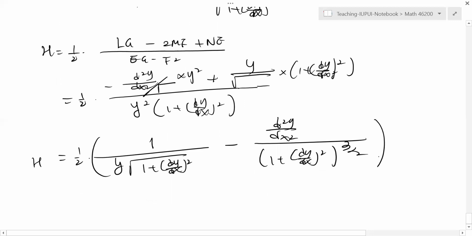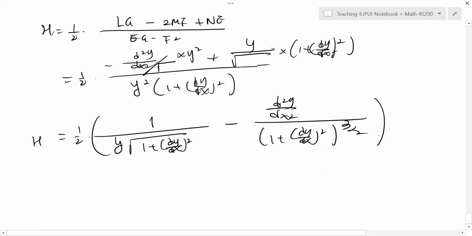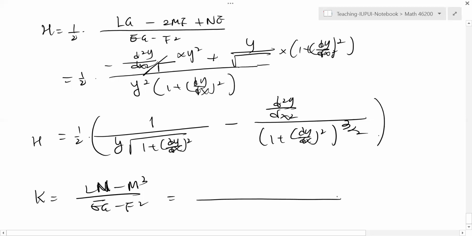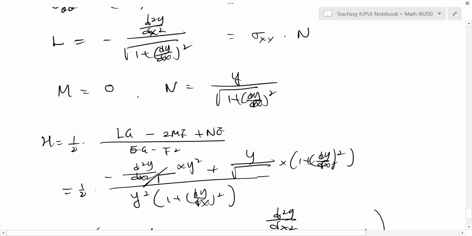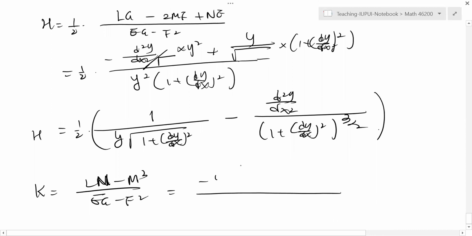But I'm also curious about the Gaussian curvature. Gaussian curvature is LN minus M squared over EG minus F squared, right? So the product L times N, I think, is just negative y d squared y dx squared, and this is 1 plus dy dx squared, right?